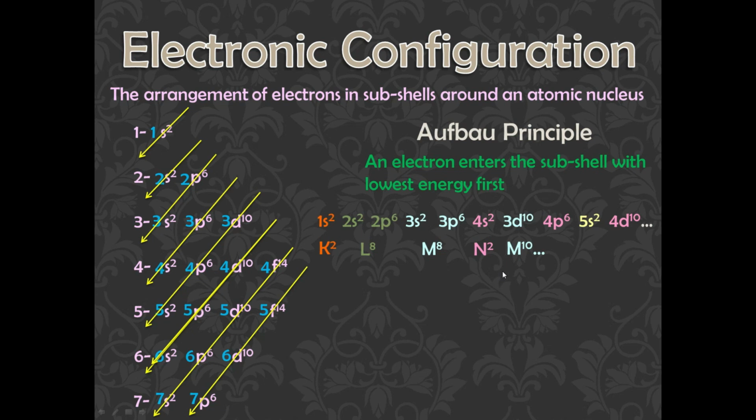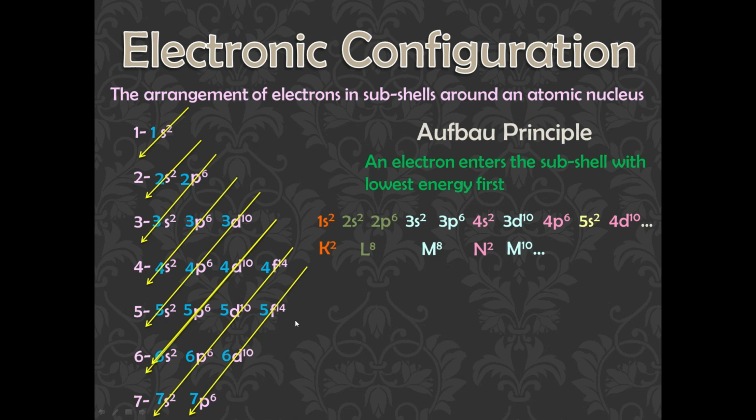In this way, the capacity of third shell will be fulfilled, which is 18 electrons. But first 8 electrons will be filled in M shell, then 2 electrons will be filled in N shell, and then remaining 10 electrons will be filled in M shell again. This upset is because of the energy difference of these subshells. Energy of 4s2 is lower than the energy of 3d10, and according to this above principle, we have to fill electrons in the subshell with the lowest energy first.